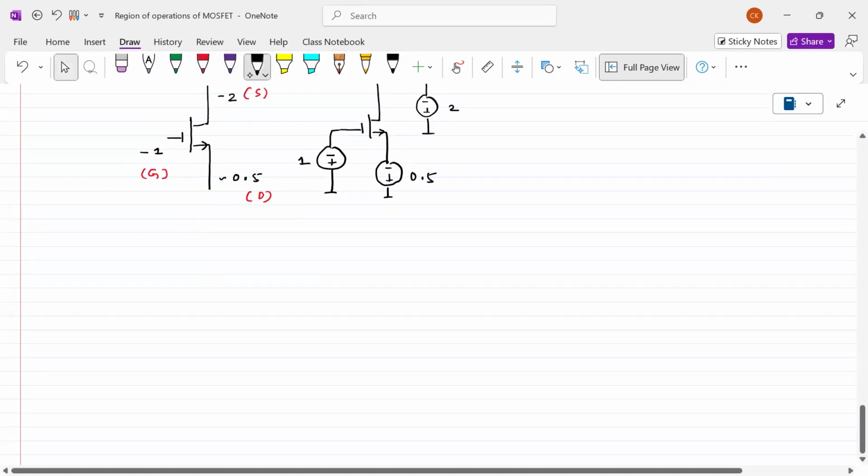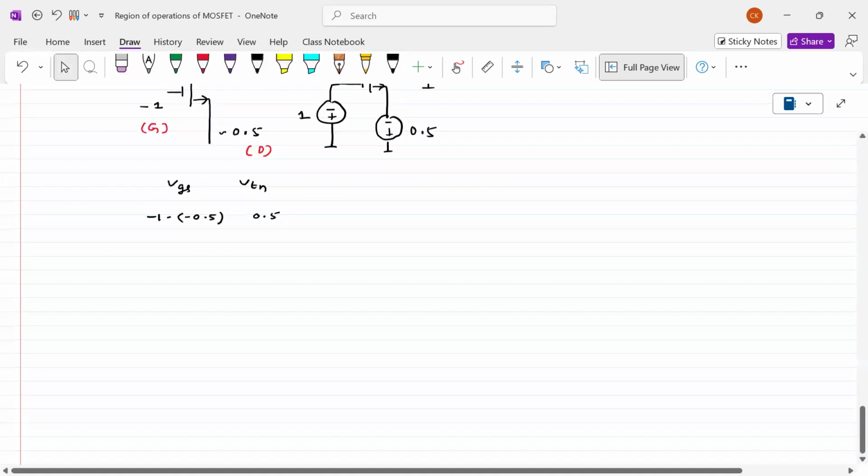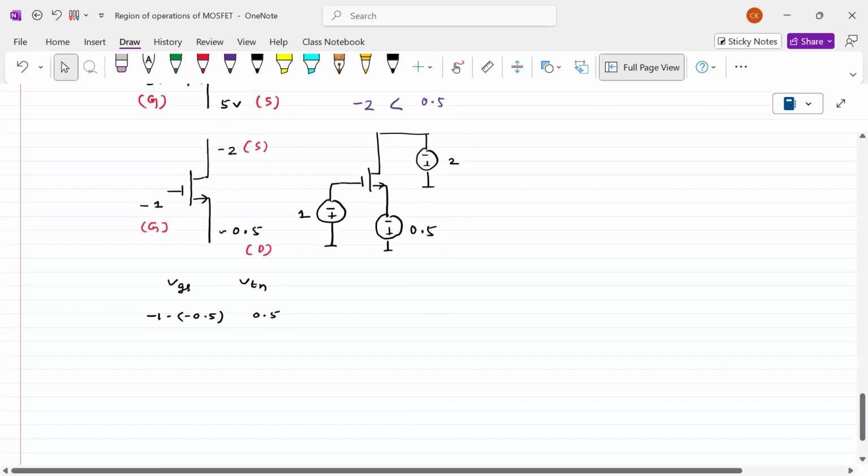What is the VGS now? VGS and VTN. Gate to source potential. Gate is at -1, source is -2.